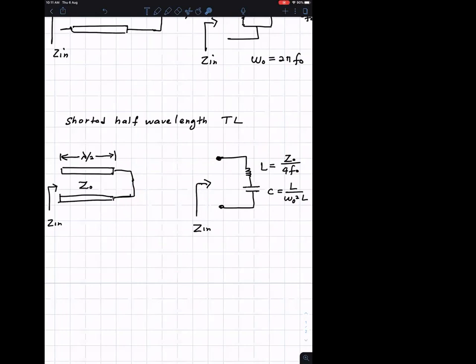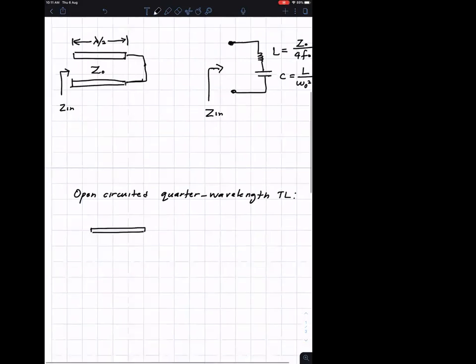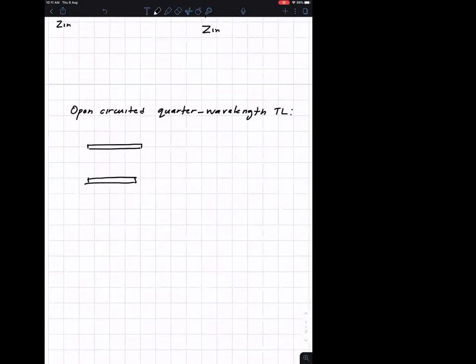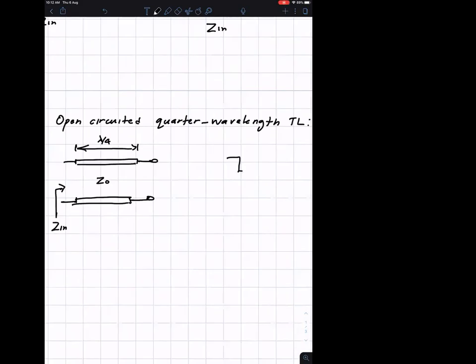Similarly, you also can implement similar resonance circuits with an open circuited quarter wavelength transmission line, with the length of quarter wavelength.